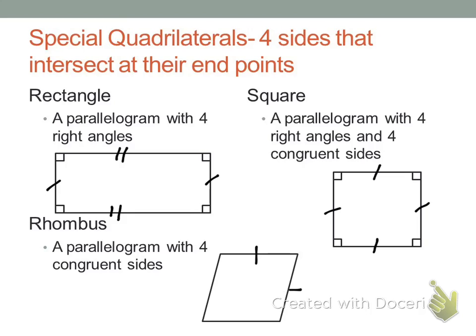This is all congruent sides, except you don't have right angles. So you need to know the difference between your different quadrilaterals: your rectangle, square, rhombus, trapezoid, and parallelogram. Again, in your notes, you should say know the terms on pages 494 and 495, and there's one term on page 496.